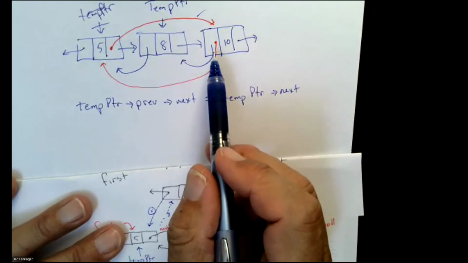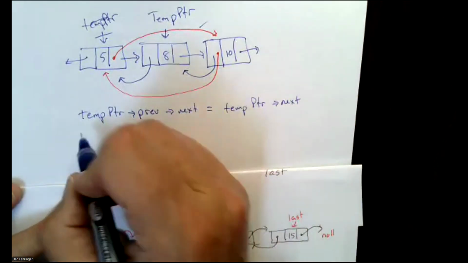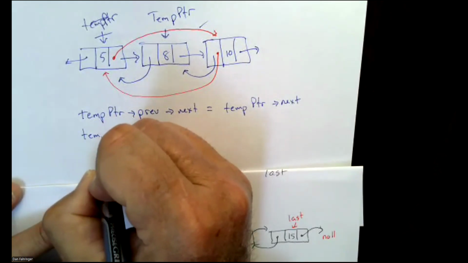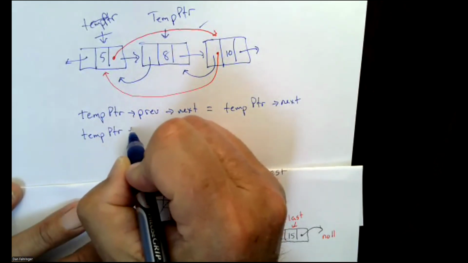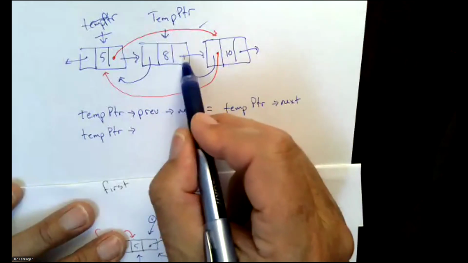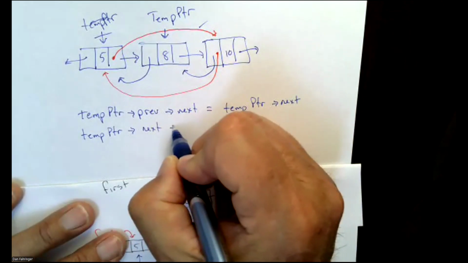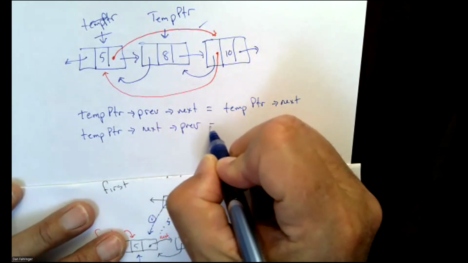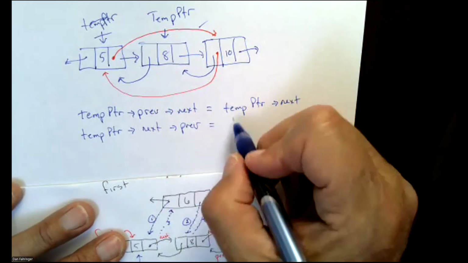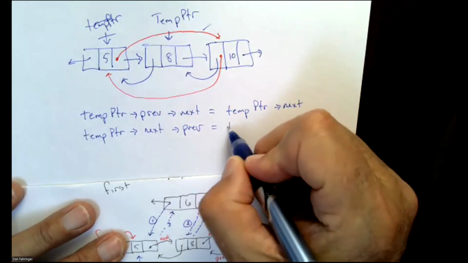Here's the other one. Temp's next previous equals temp previous. Temp pointer's next prev, okay. Equals, you said it, I think. Yeah, temp pointer's previous.